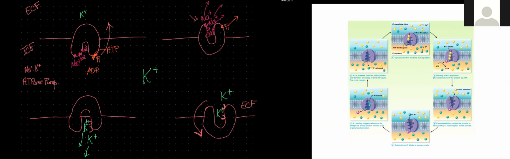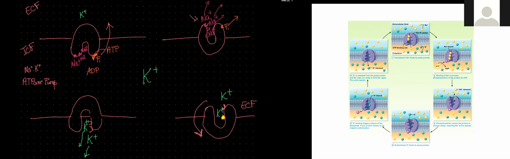So it binds to other 3 sodium, binds to ATP. And once it binds to ATP and hydrolyzes it to release the energy, it's going to be modifying its shape, rotating to face outwards, releasing the 3 sodium and the phosphate.